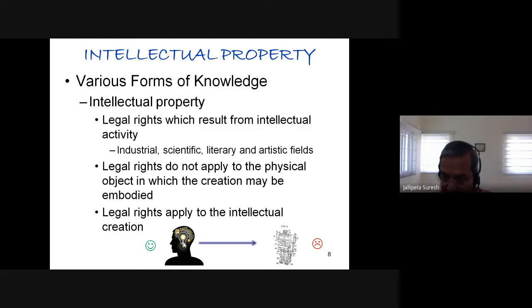However, on the right side, if I have an idea how to make a robot and I make it, the intellectual property right does not extend to the end result, that is the robot that you see here. So this is the clear distinction that we should have whenever we talk about intellectual property rights. The rights are limited to the idea or the knowledge, and cannot be extended to the end product of a particular idea.